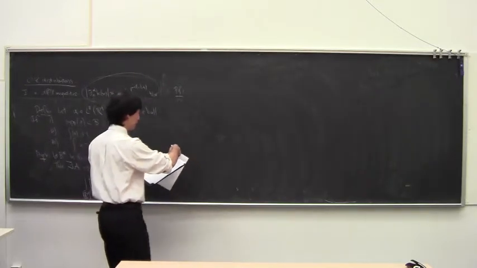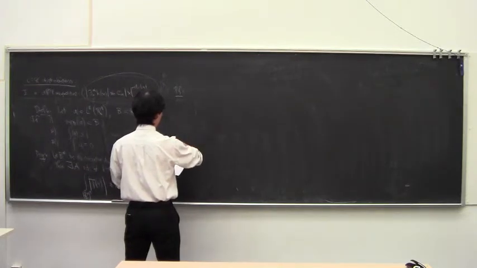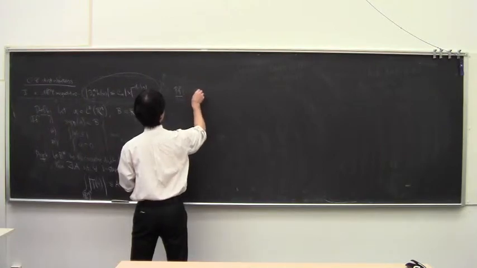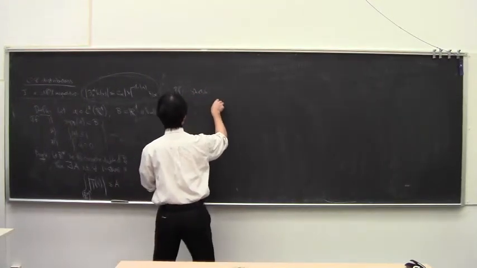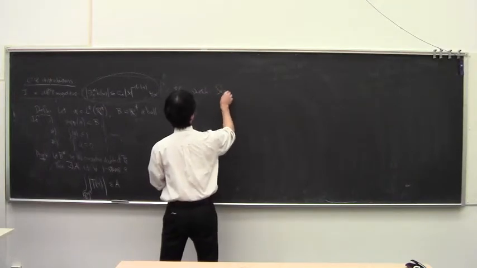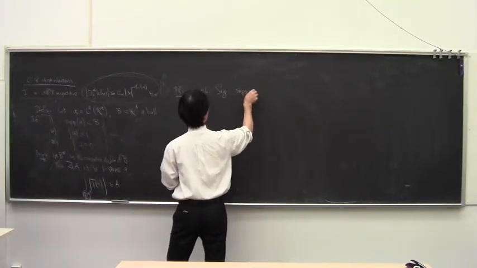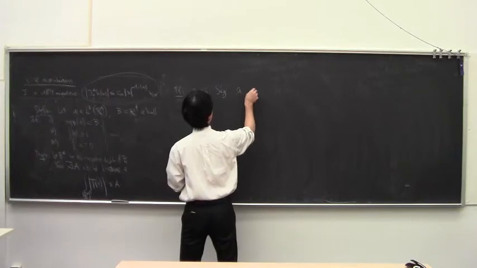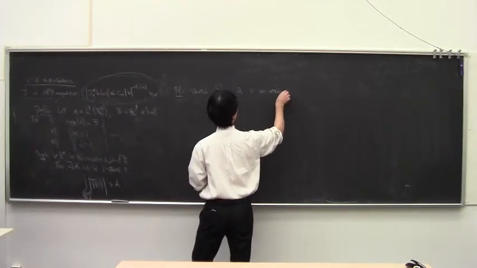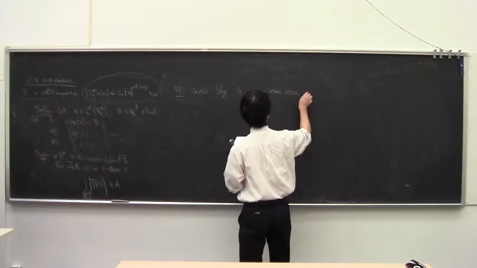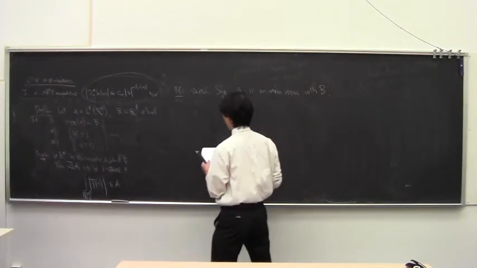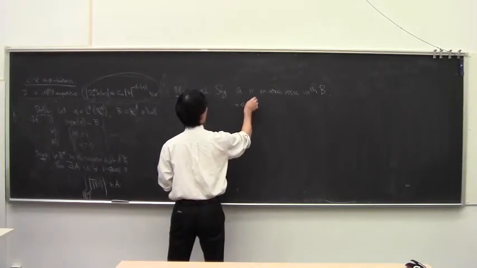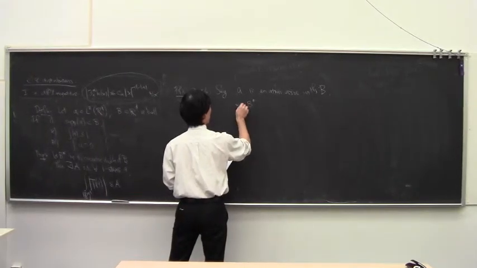Here is the idea. Suppose you have, let's say that you have an atom. So say A is an atom associated with some ball B. And let's say that X is not in B star, so X is in B star complement.